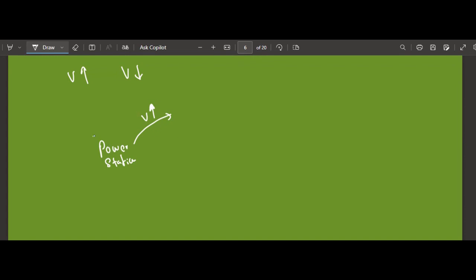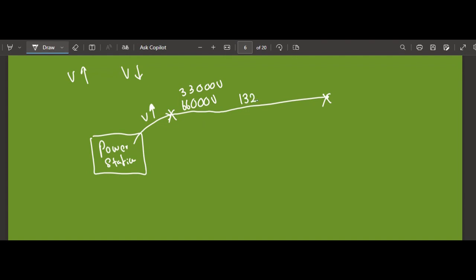So using one transformer it will be increased, and then it will be distributed from one town to another town. You have seen the transmission lines of 66,000 volts, 33,000 volts. Sometimes we have 132,000 volts.